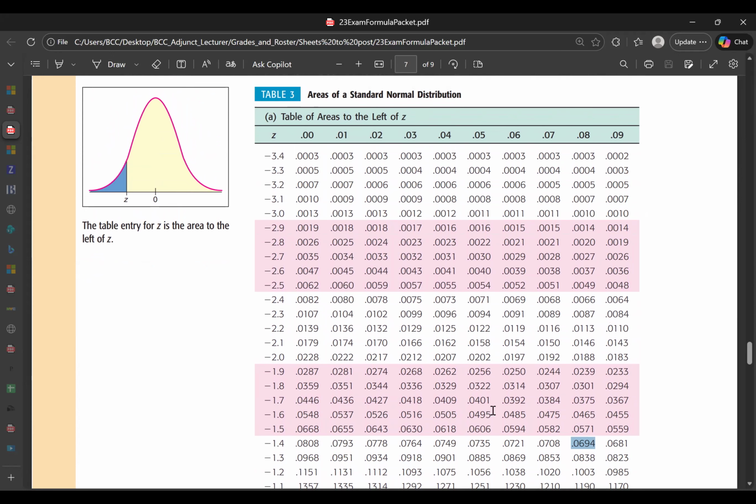Just look straight up. So go to where the number is. Oh, okay, so that's what I'm looking for, right? So negative 1.48, right?